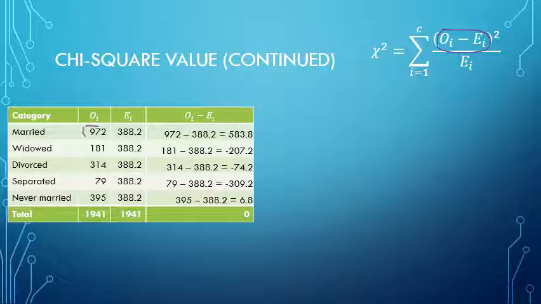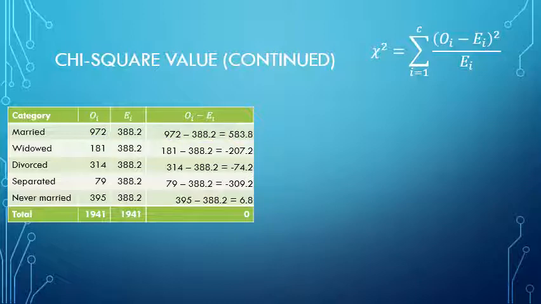The first one is the 972, that's this one up here, and then minus the expected frequency of 388.2, and that gives me 583.8. And I've done so for each of the categories, and they nicely sum up to 0. So that can be a small check to do if you're performing this manually.